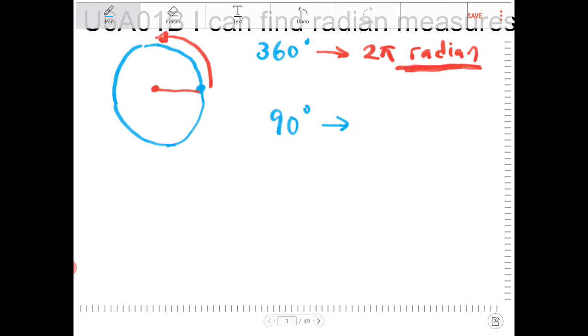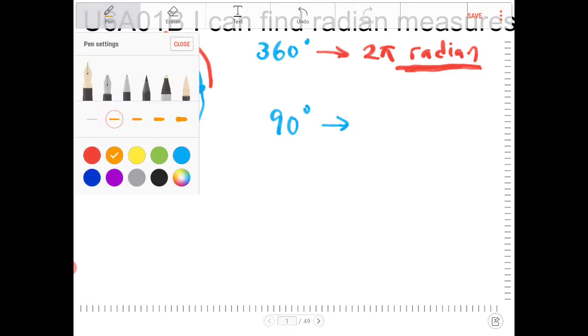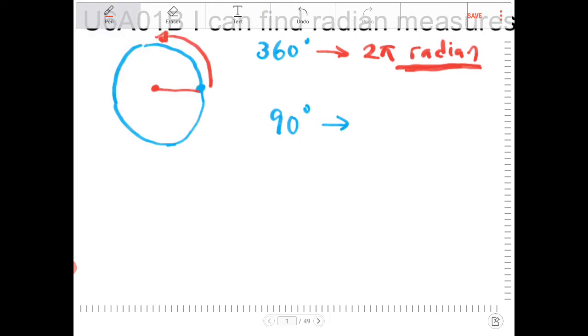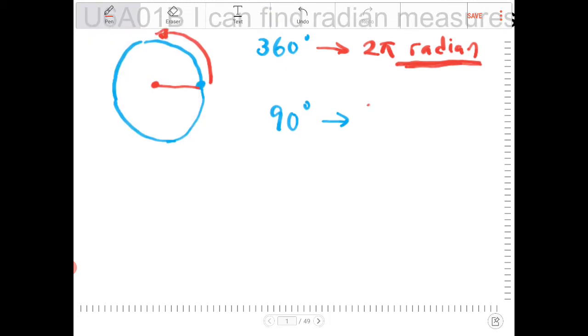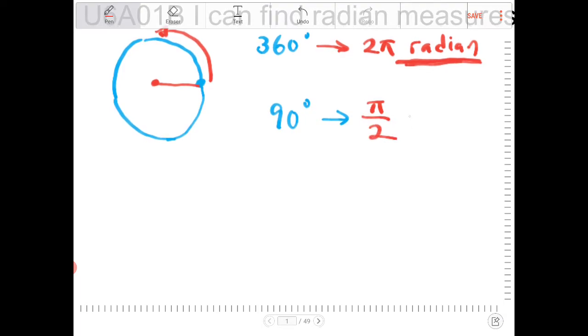So hopefully you had some time to think about this. 90 degrees, as it turns out, will turn into, you guessed it, pi over 2 radians. So why is it pi over 2? Hopefully you did this quick computation in your head: 90 degrees is to 360 degrees as what radian measure is to 2 pi.